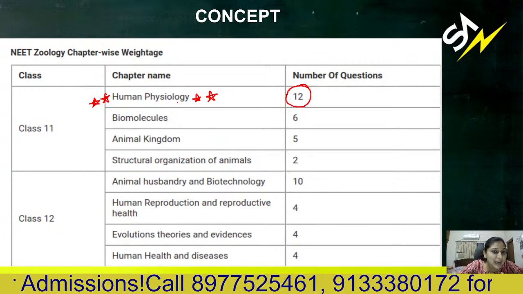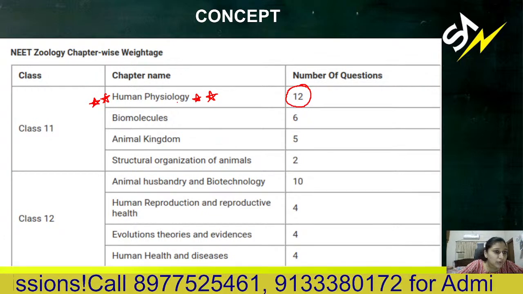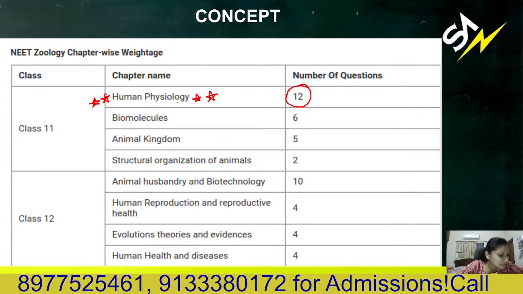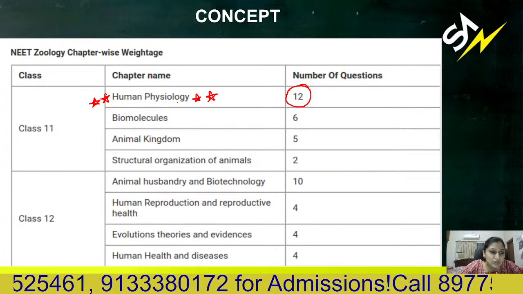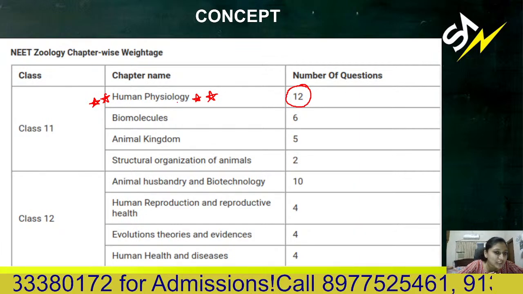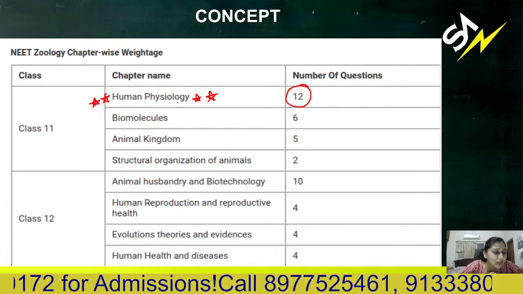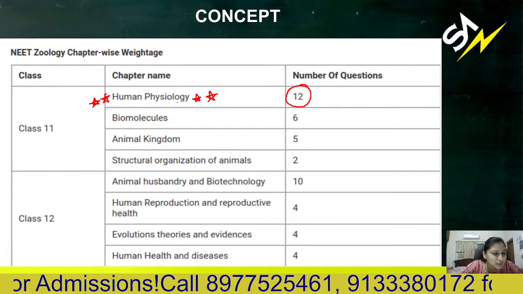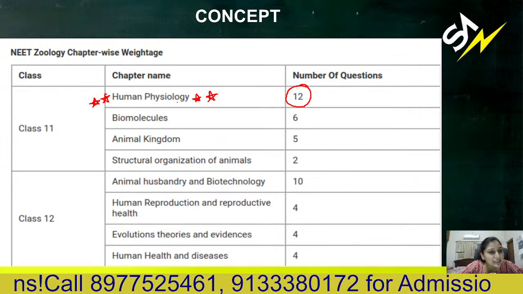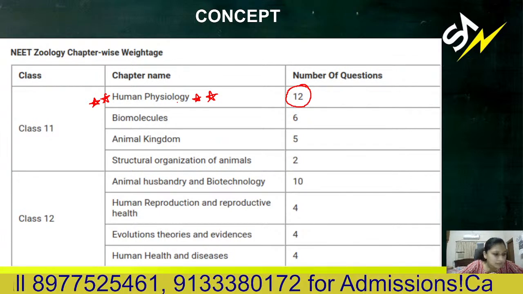So you will get marks 2 times, 1 time in biology, 1 time in chemistry. Just like cell and cell structure, this is also a short chapter, and yes, you will be studying it in the chemistry part also.